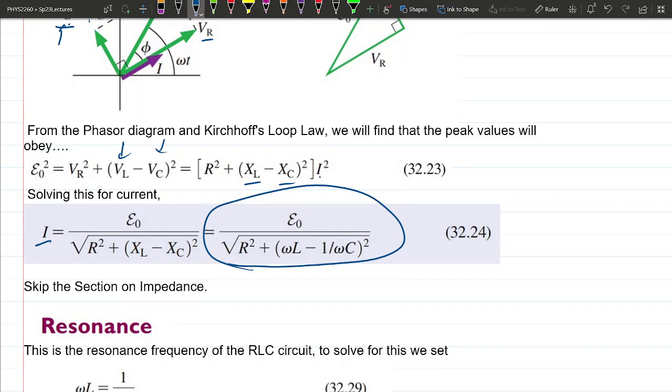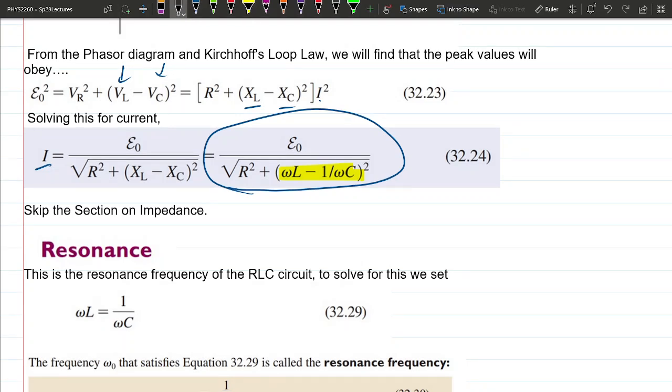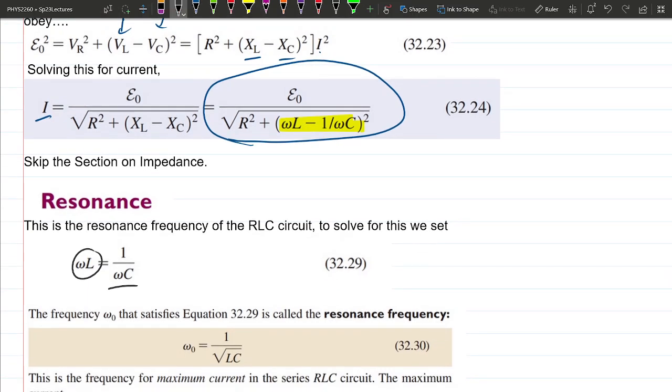Okay. The interesting thing happens when we make this number basically 0, okay? How can we make this number basically 0, right? If we make omega L equal to 1 over omega C, right?